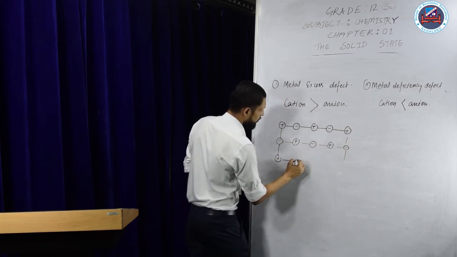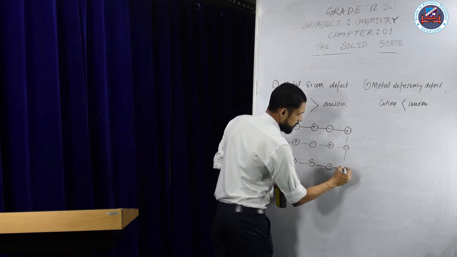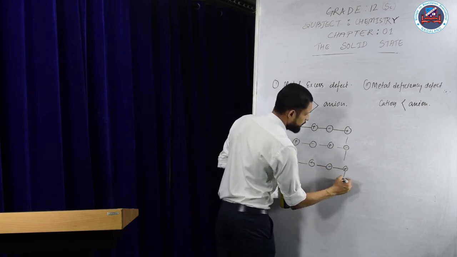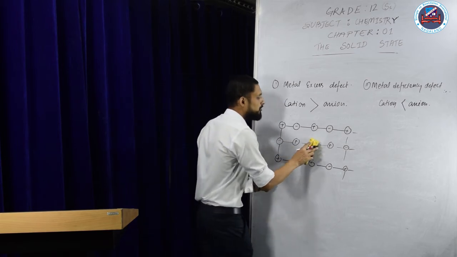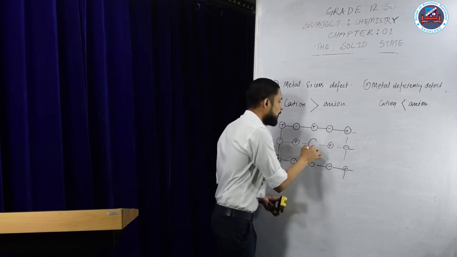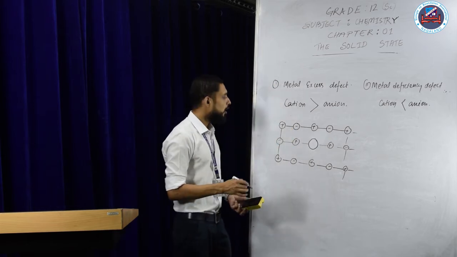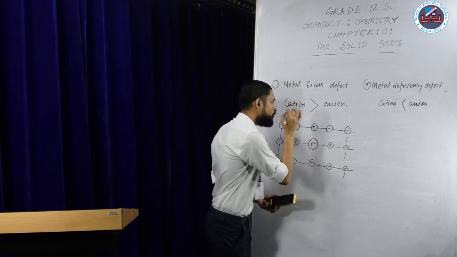Say this is a crystal which is formed from ions. Now, if the anion is missing from the crystal, it will go out and there will be an electron trapped here.